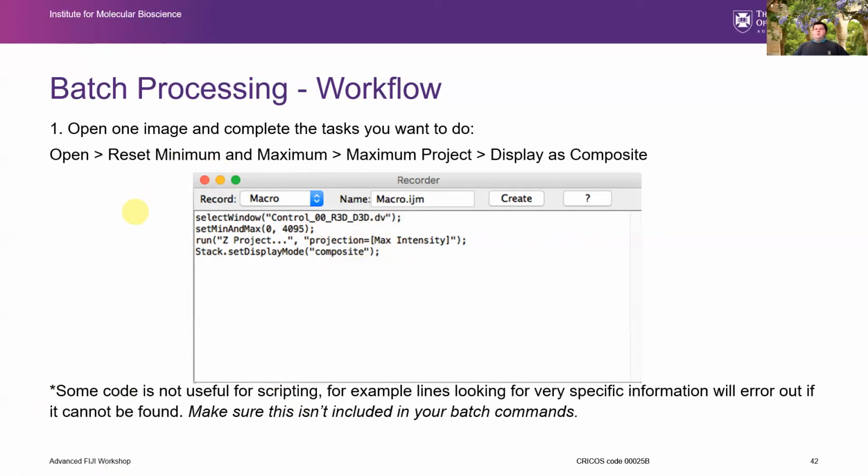So make sure that you don't include this in your batch commands for batch processing. In this case, that select window with a very specific file name will cause an error, because if this was the first file, it would run fine. Once it's closed and it's opened the second file, it's going to try and look for this file that won't be open and cause an issue.